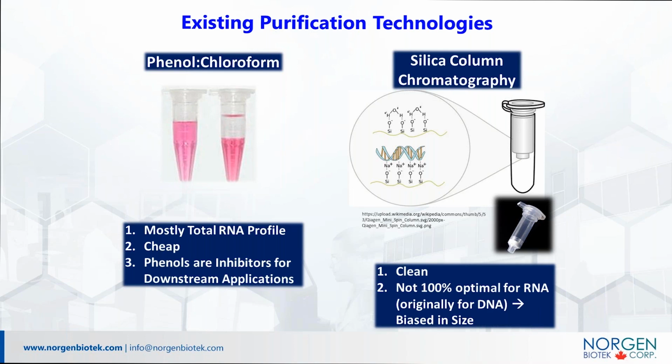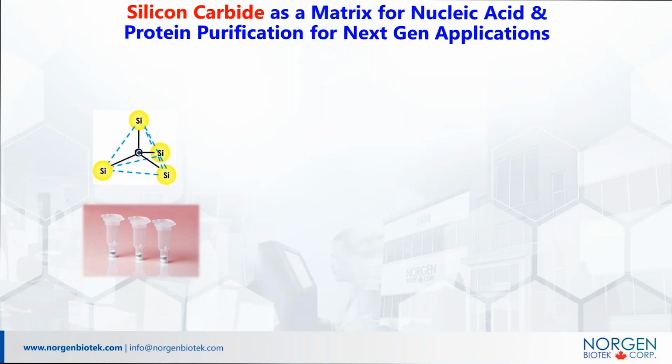It has a molecular weight cutoff, so it binds certain sizes, and it has a bias towards binding large molecular weight DNA. When we combine phenol-chloroform with a silica-based column, we're going to talk about the drawbacks right now, especially for RNA.